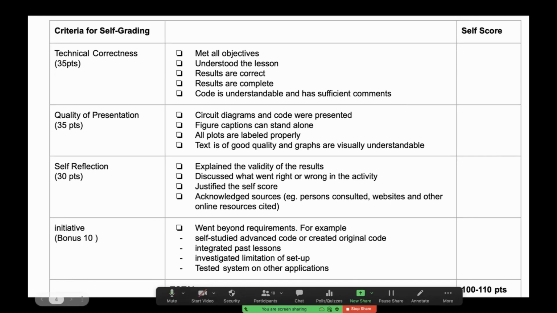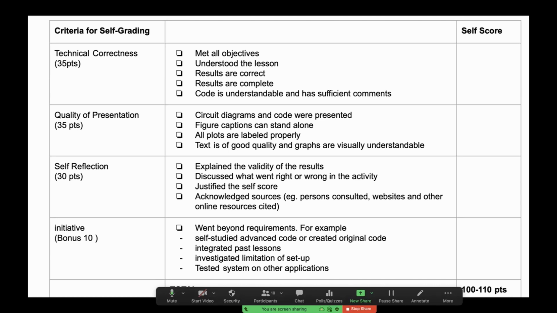Now, give yourself a bonus 10 points if you went beyond the requirements. For example, you self-studied advanced code or you created original code. You integrated past lessons, apart from 184. I mean, if you have lessons back in 107, 117, mga ganon.